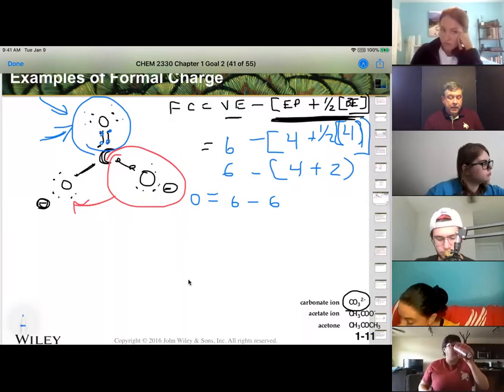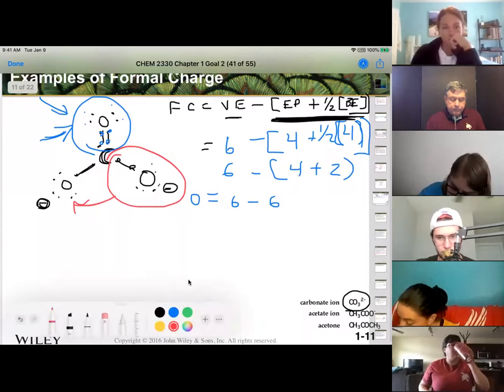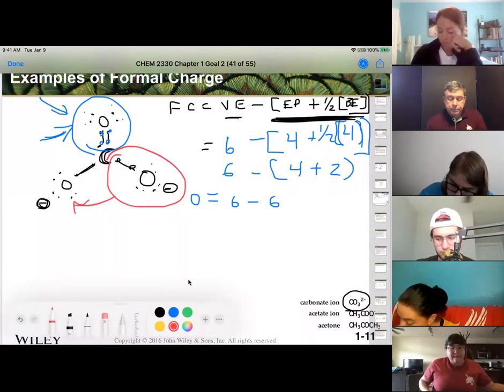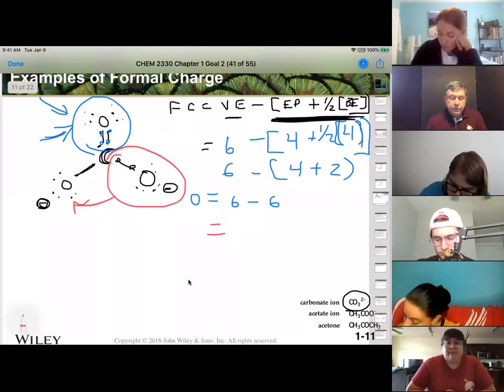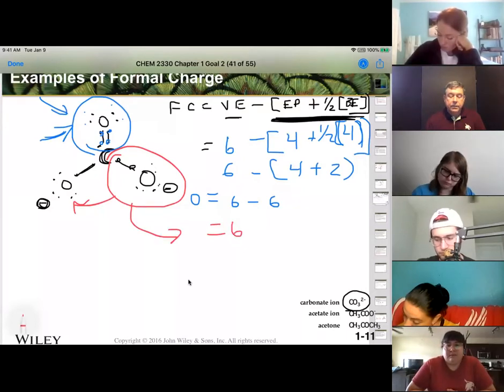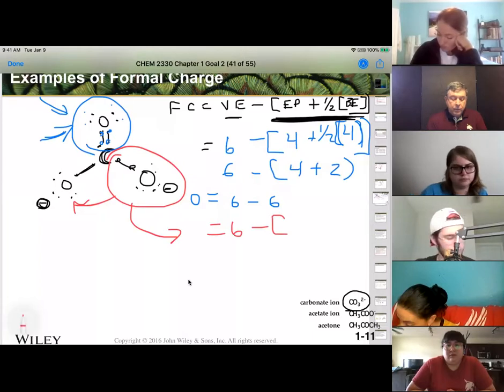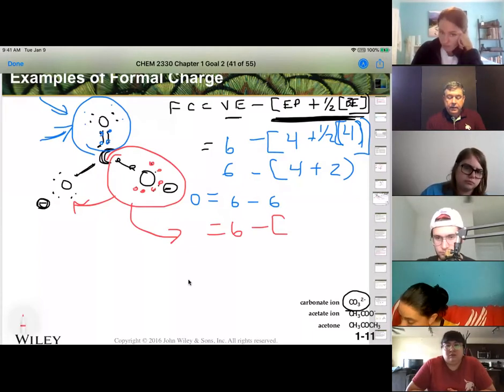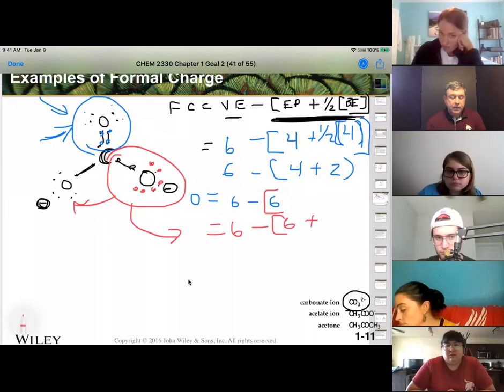Okay, so now let's do the last one, and luckily we get to use some of the same numbers. We're going to just do this last one right here. Oxygen again brought 6 electrons to the table. It has 1, 2, 3, 4, 5, 6 electrons that are non-bonding, plus 1/2 of 2 electrons here, because there are 2 electrons in that bond.